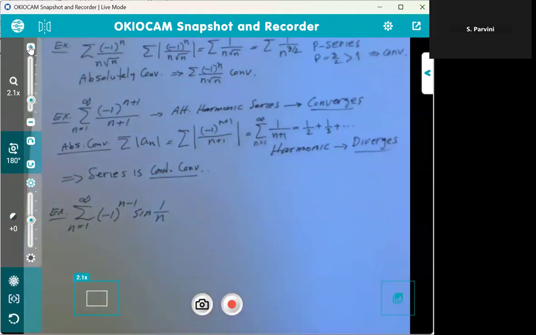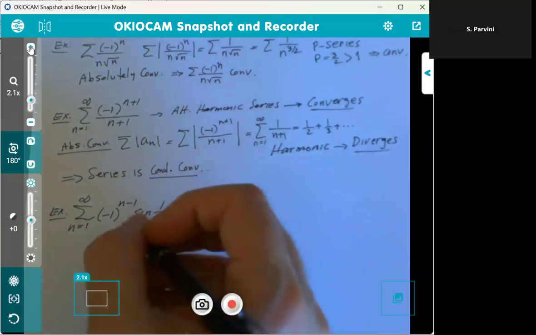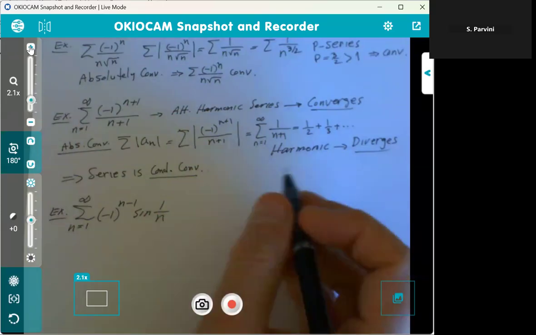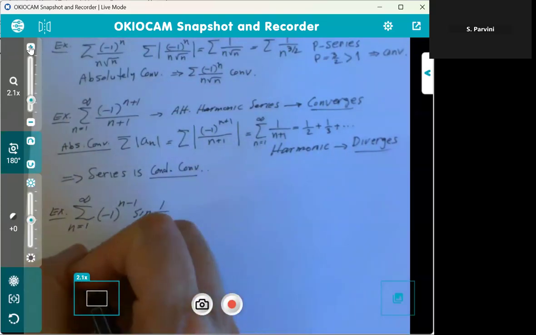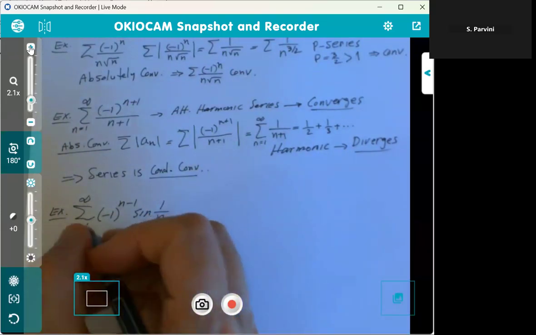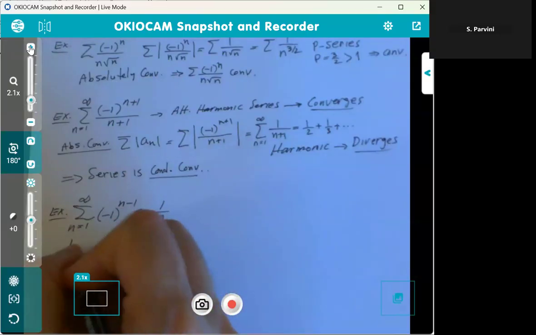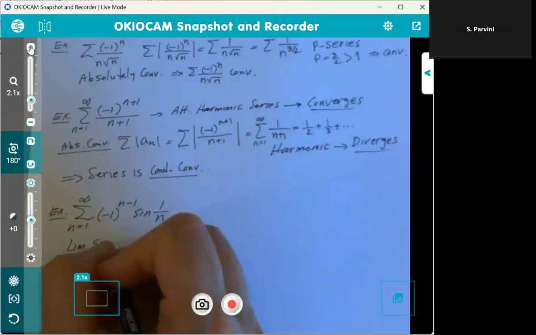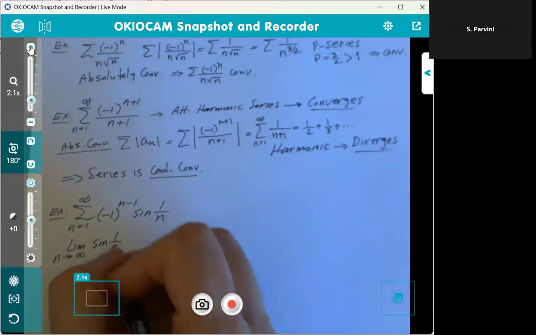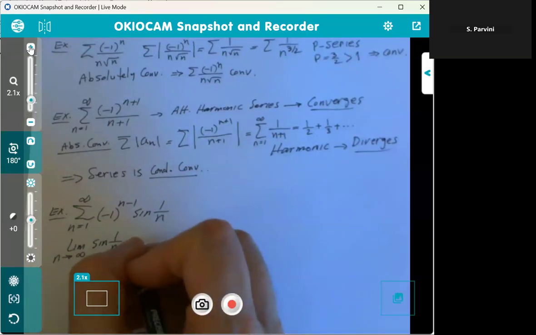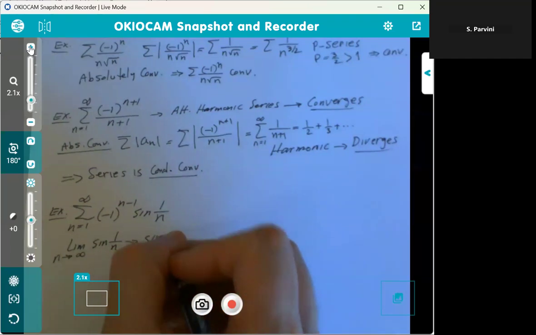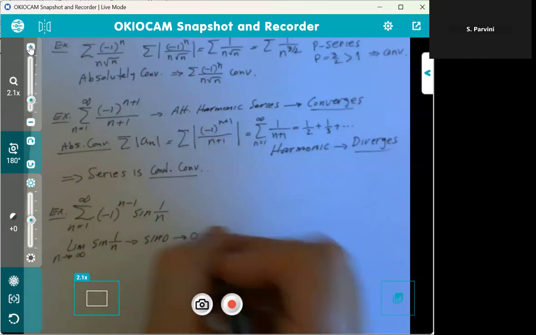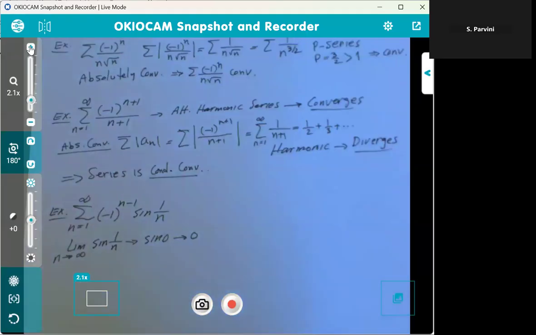For this one, again, this is an alternating series, right? So the series is decreasing, and let's see, the limit as n goes to infinity of sine of 1 over n. As n goes to infinity, this approaches sine of 0, and sine of 0 is 0. So the limit is 0.